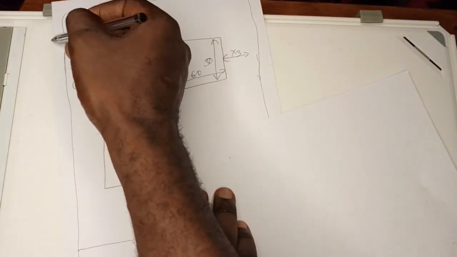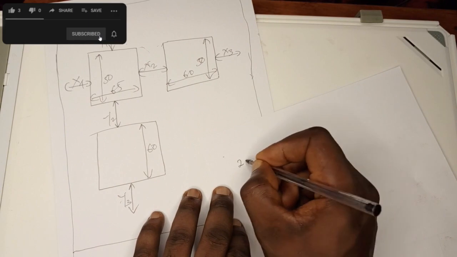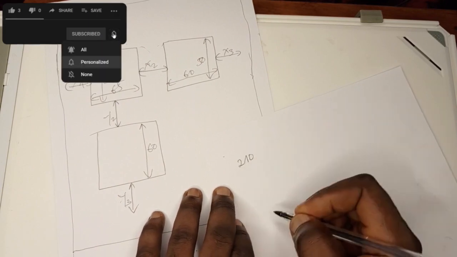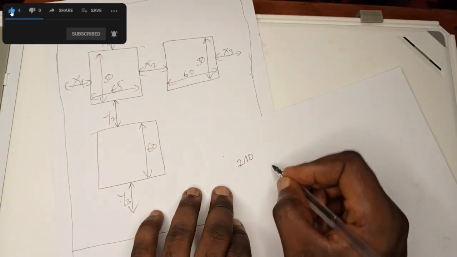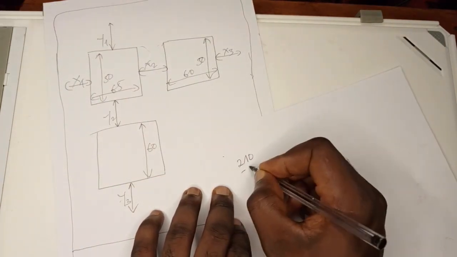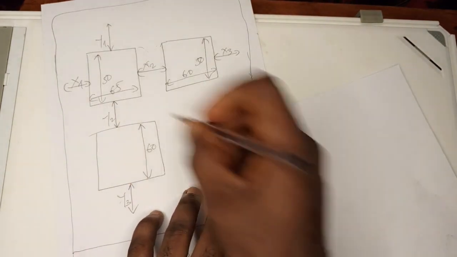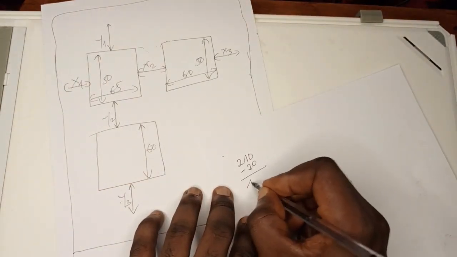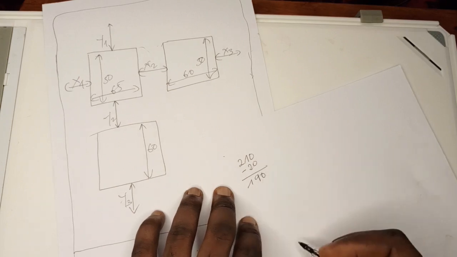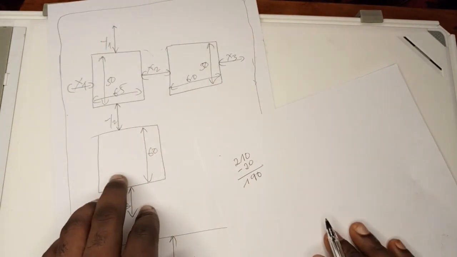We know that the width of an A4 paper is 210. We already took 10 millimeters here, 10 millimeters here. So if we subtract 10 plus 10, which is 20, we are going to be left with 190. So this space from here to here is 190.